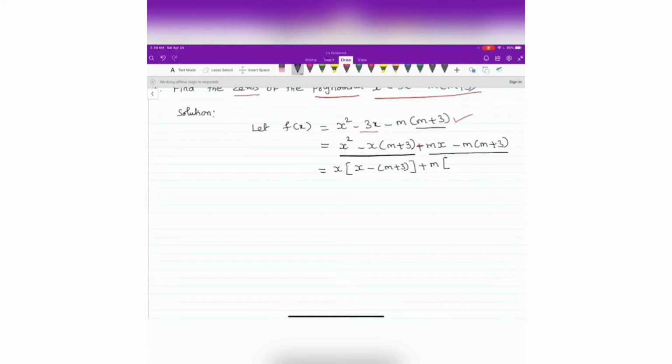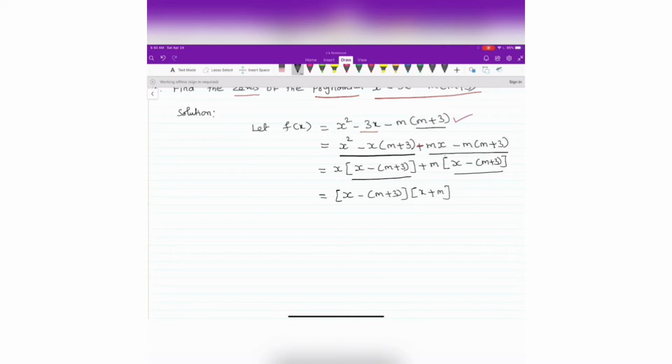Then inside I will have x minus of m plus 3. Now x minus of m plus 3 is common. That can be taken out as common factor. So I will be getting x minus of m plus 3 into x plus m.